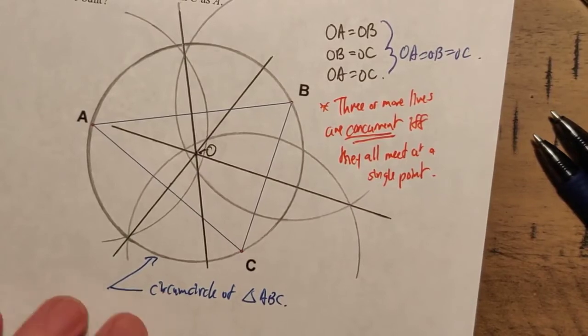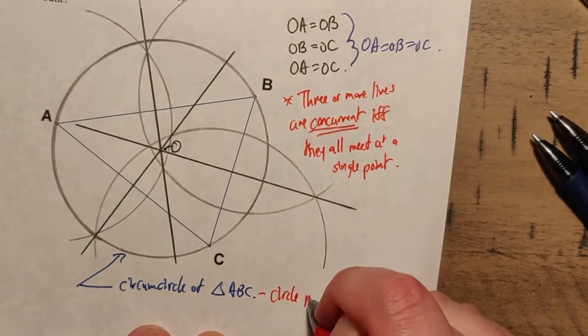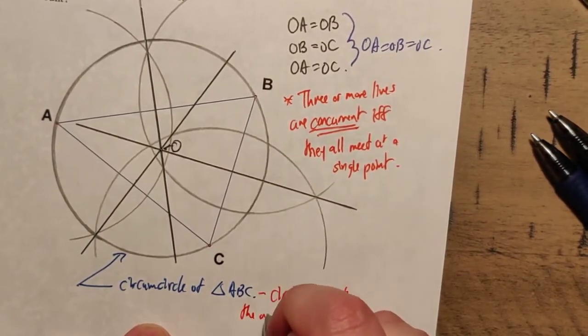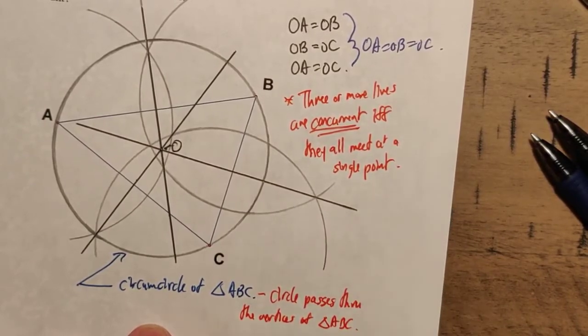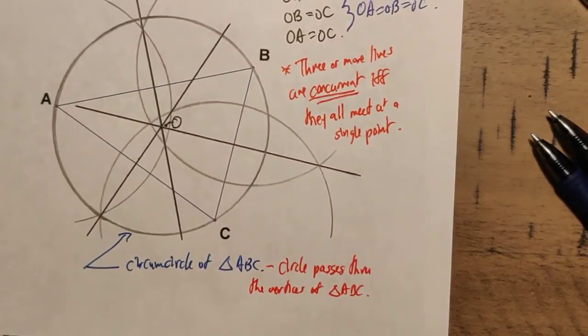So this is a circumcircle, right? This happens to be a circle that passes through the vertices of triangle ABC. Now, note here in this situation, this actually works out very nicely.